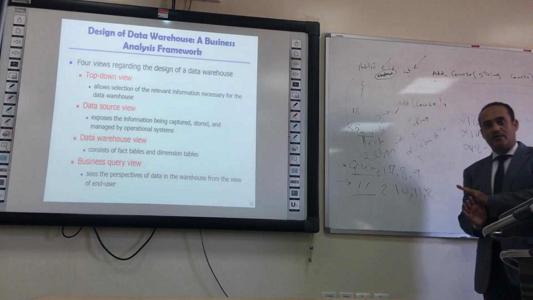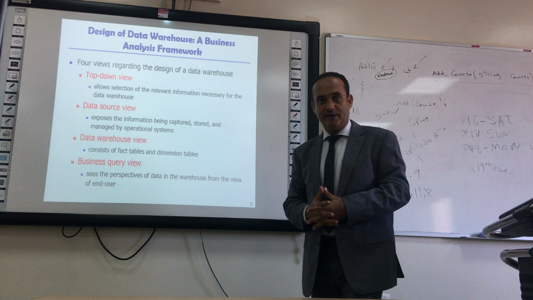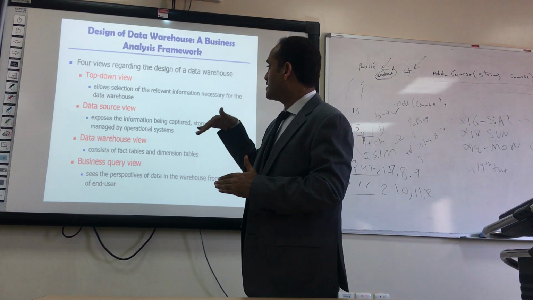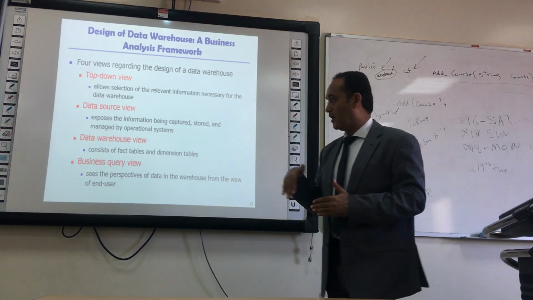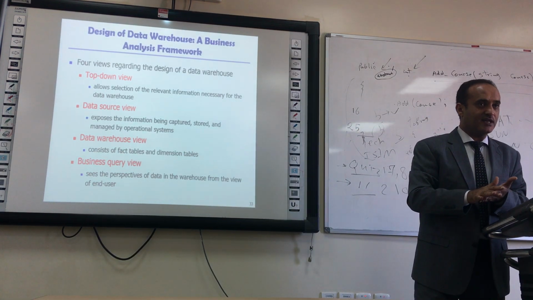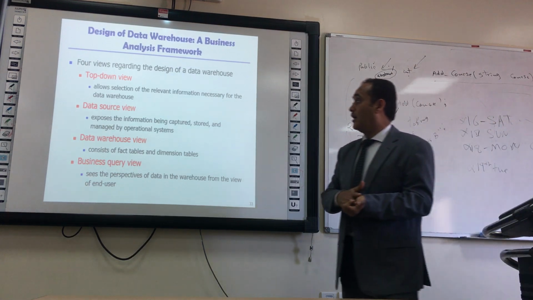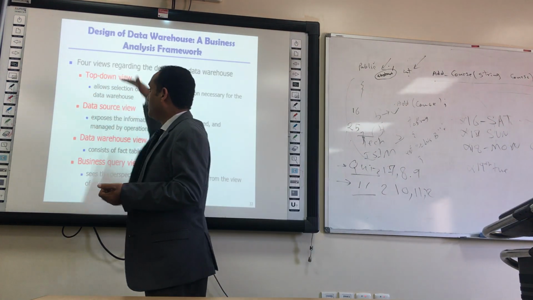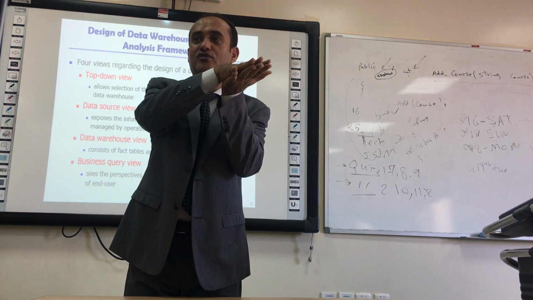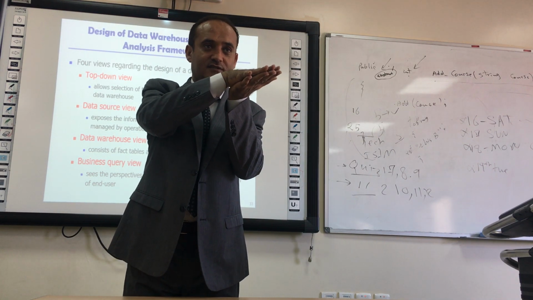This section will talk about the design, how to design the data warehouse. These are, for example, general processes to design the data warehouse. When I'm speaking about a top-down view, I first have to decide about the data I need.